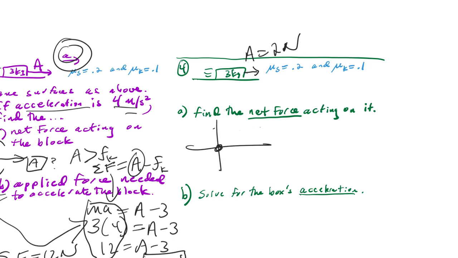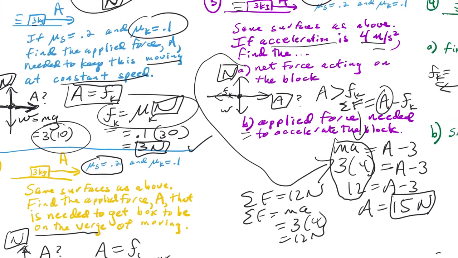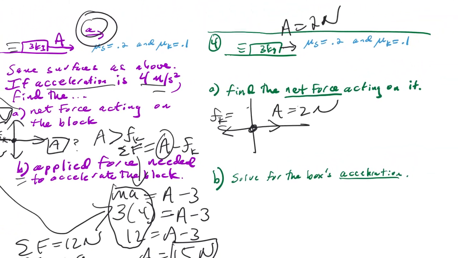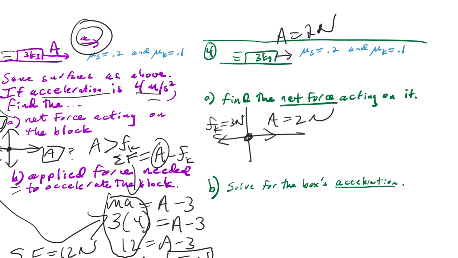We have 2 newtons pointing this way. Now it's moving, so the friction has to be kinetic friction. We already figured that out to be 3. Now, you have normal force and you have weight, but again, those cancel out.